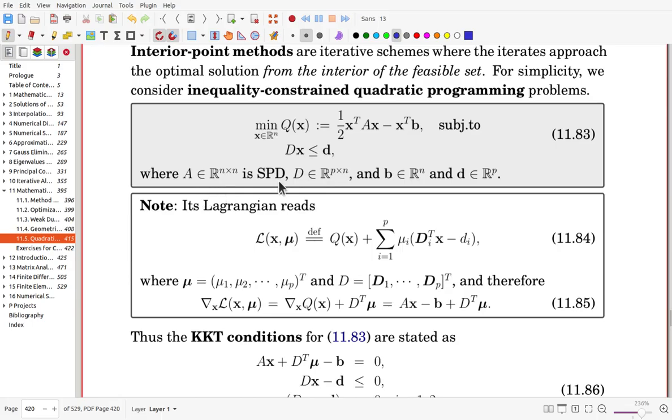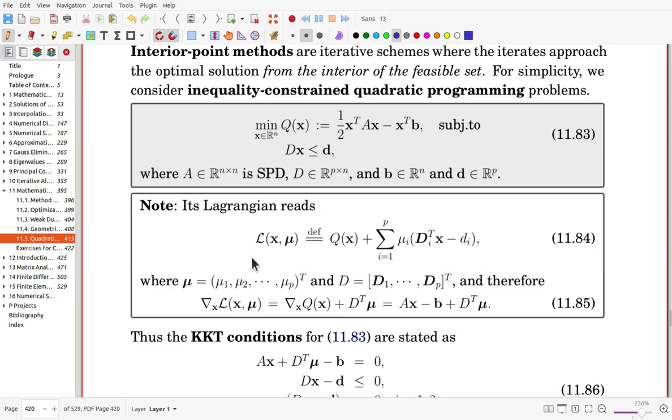Assume A is symmetric positive definite. Then in exactly the same way, we introduce the dual formulation, beginning with the Lagrangian: the original quadratic objective function, along with, row by row, a Lagrange multiplier mu i, so that we can write it in this way.